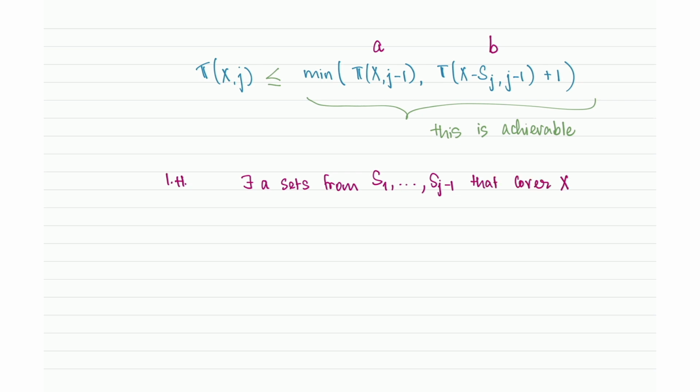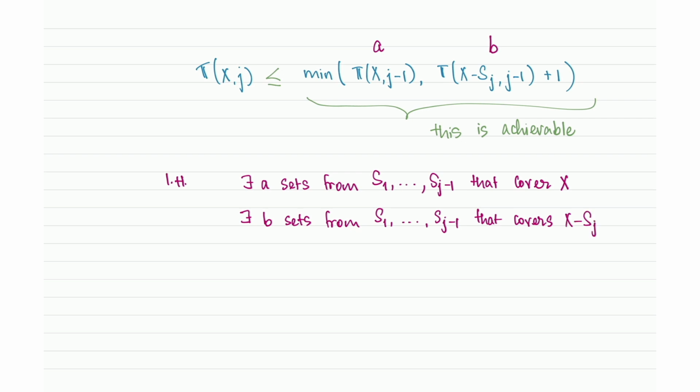And similarly, also by the induction hypothesis, we know that there is a collection of b sets from S1 to Sj minus 1 that covers not x, but at least it covers x minus Sj.